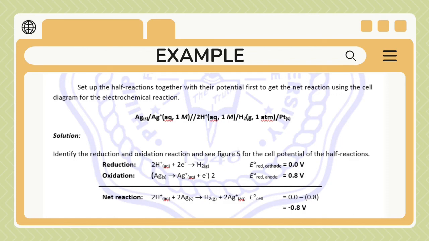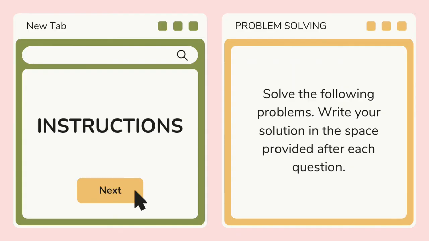Before I proceed to the instructions, if there are still questions or clarifications, okay, if none, here are the instructions for our activity. Our activity is comprised of 4 questions, 10 points each.